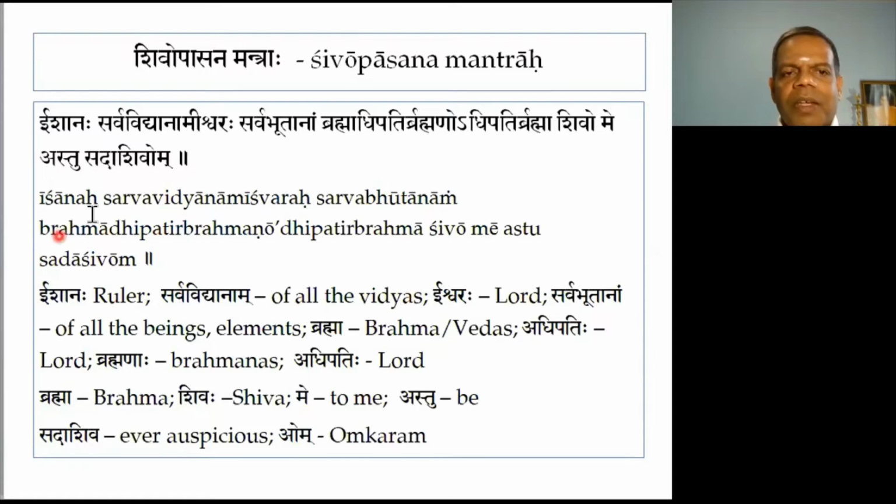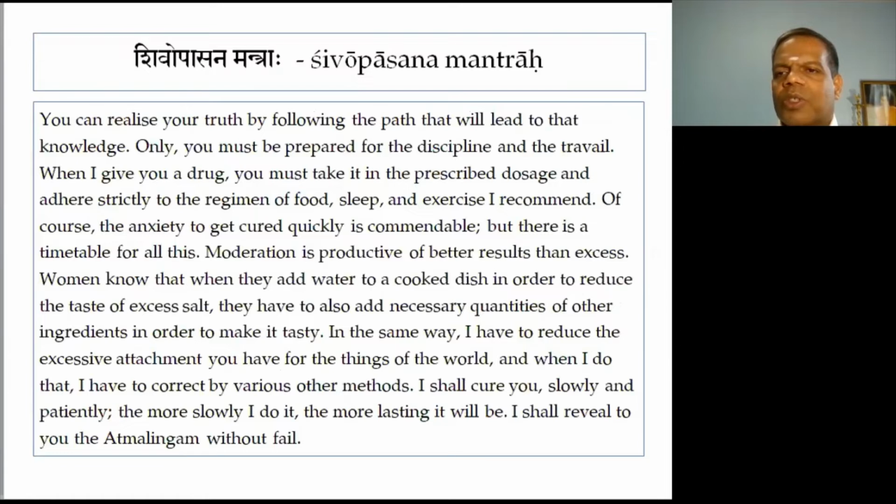He is called Sadashiva. So I have taken an excerpt from a discourse where Swami is talking about Sadashiva. Let's just read that. I felt it aptly aligns with this mantra.